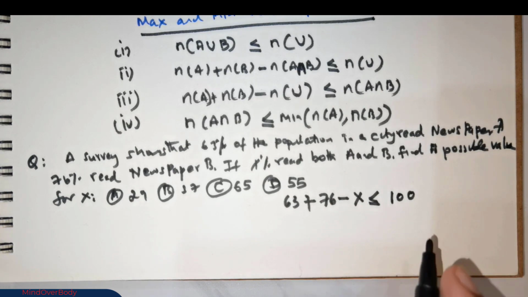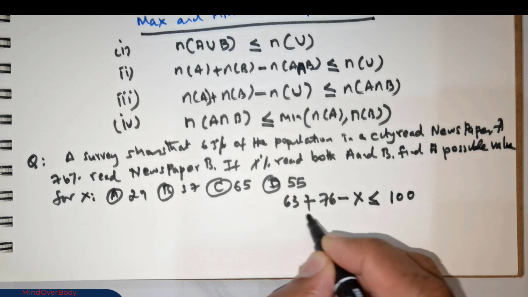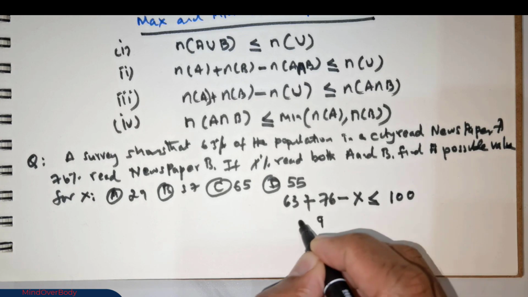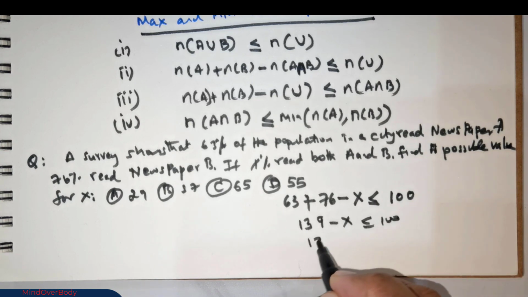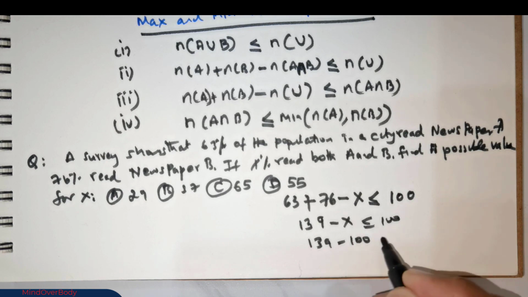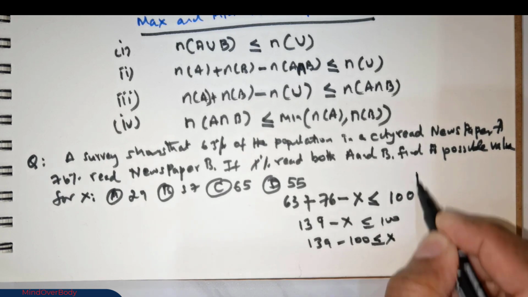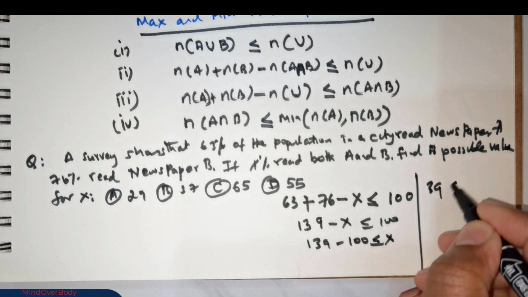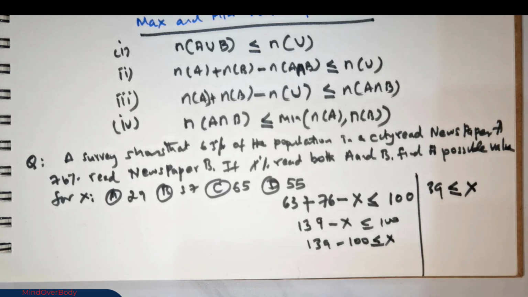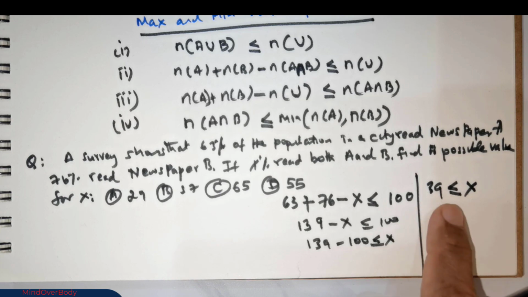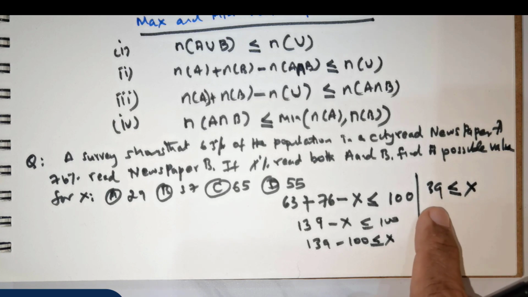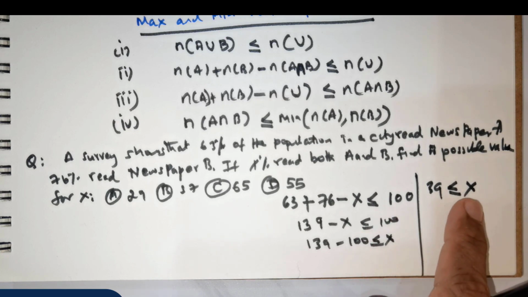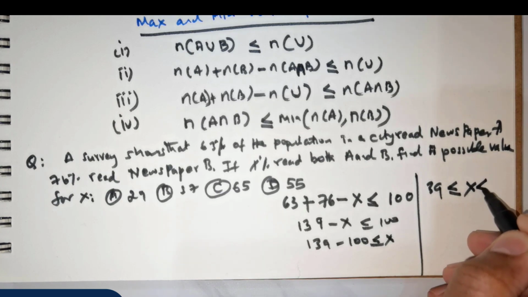So this is the universal property. Now if you were to add 63 and 76, that's going to give me 139, minus X less than or equal to 100. If you were to move 100 this side and X that side, I would get 39 less than or equal to X. So this is one relationship that we have obtained, but we need to obtain the bound for X, right? So X is clearly greater than or equal to 39, but what is the bound?